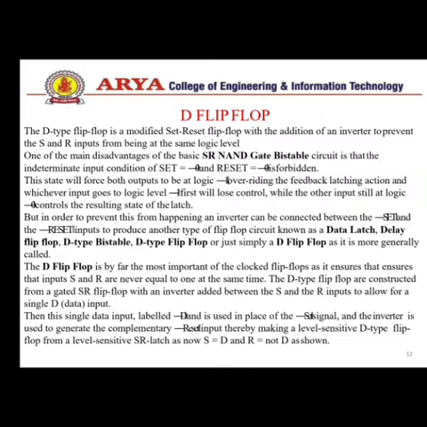D type flip flops are constructed from a gated SR flip flop with an inverter added between the S and R inputs to allow for a single D input. This single input data is labeled D. It is used in place of the S signal, and the inverter generates the complementary reset, thereby making a level sensitive D flip flop from a level sensitive SR flip flop, so now S equals D and R equals D bar.